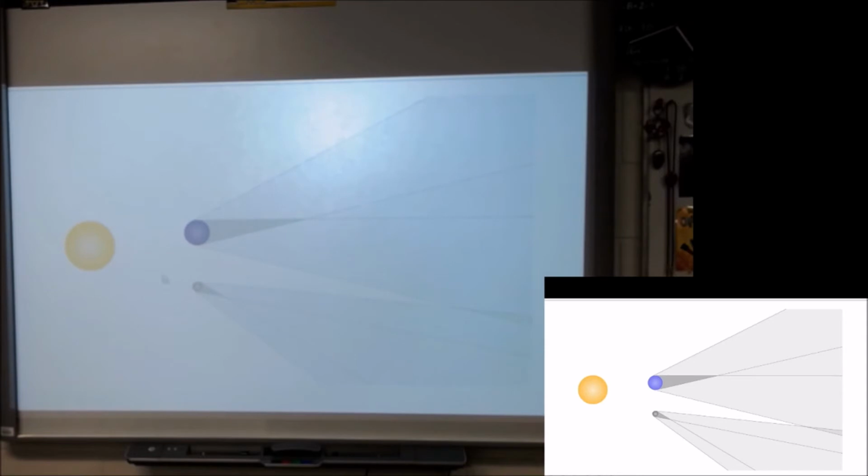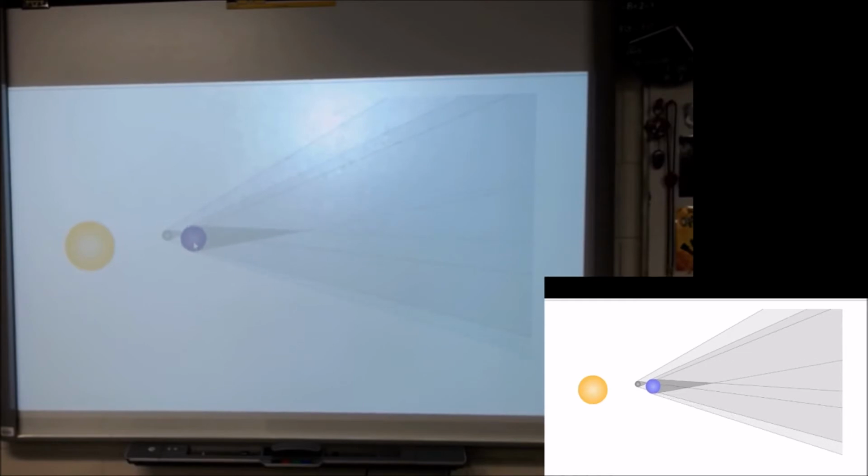You can see that there's a shadow behind the moon, there's a shadow behind Earth. And if the moon travels in between the sun and the Earth, its shadow is going to fall on the surface of Earth. This would be a total solar eclipse. As Earth moves, that path of totality is going to go from one part of the Earth to the next.